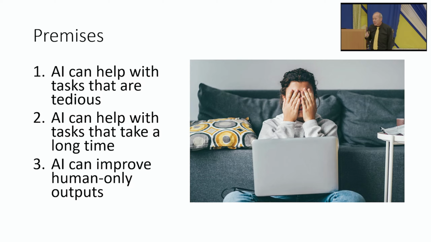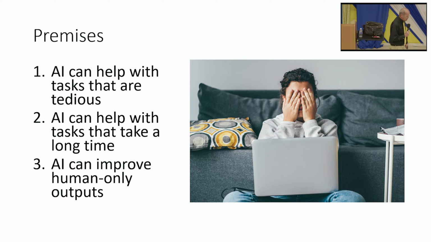First bullet, that AI can help with a task that is tedious. That's something I'm going to look for AI to help me with as soon as I possibly can. I'll actually give you an example while we're right here. Last week, I migrated our listserv from one technology to another.